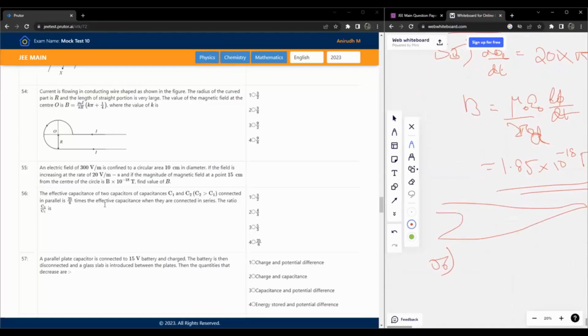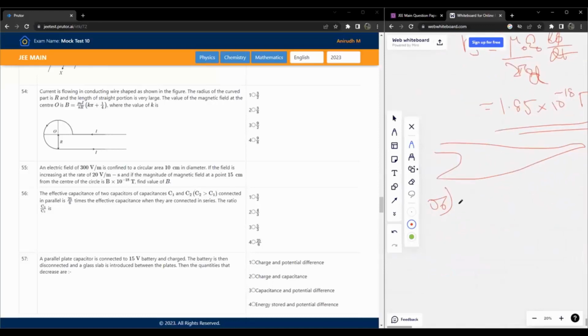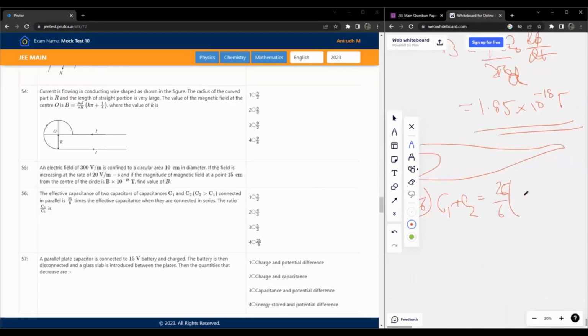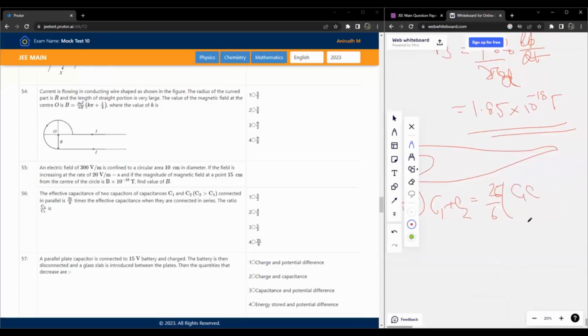Then 56 is going to be the effective capacitance of two capacitors C1, C2 connected in parallel. So C1 plus C2 is basically 25 by 6 times the effective capacitance of series, C2 by C1 plus C2.